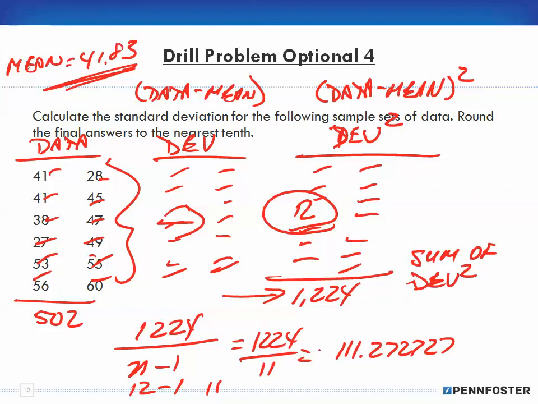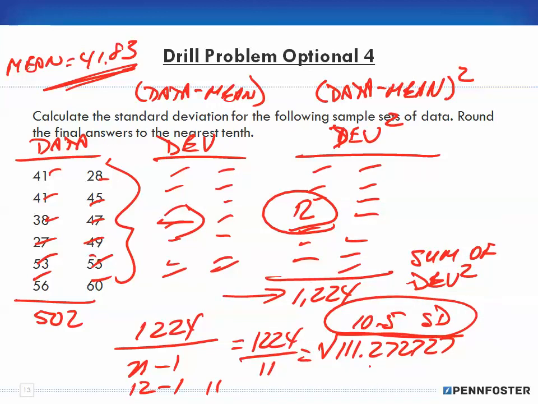So for our final step, to get the standard deviation, we take the square root of that. And when we take the square root of that, we end up with 10.5 as our standard deviation. Now remember, to get the standard deviation, all you're doing in a very simple calculator is punching the number in. I take 1224, divide it by 11, and that number, 111.272727, is already going to be in my calculator display.